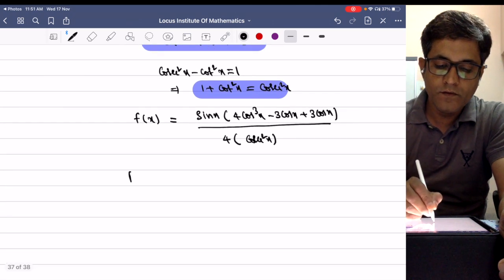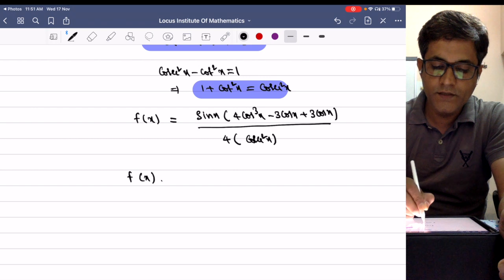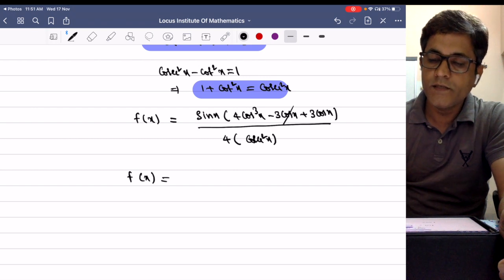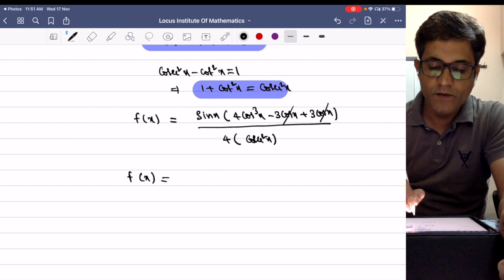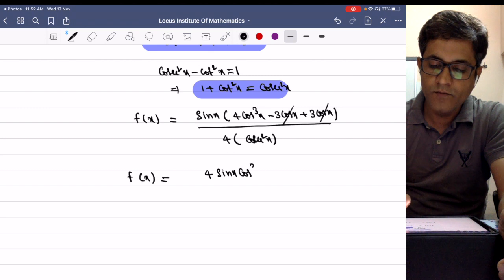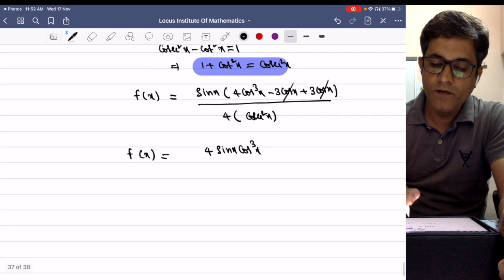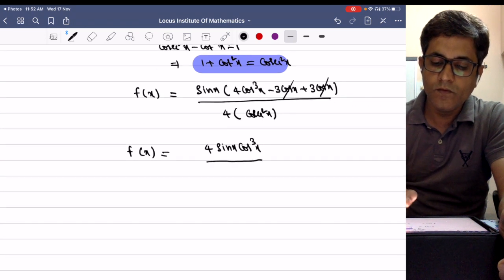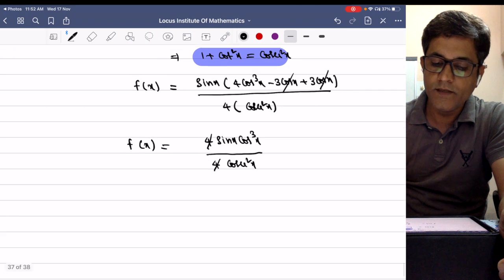Now this implies f of x is equal to, minus 3 cos x and plus 3 cos x cancel. So in the numerator you will have 4 sin x into cos cube x over 4 cosecant square x. This 4 and 4 cancel.